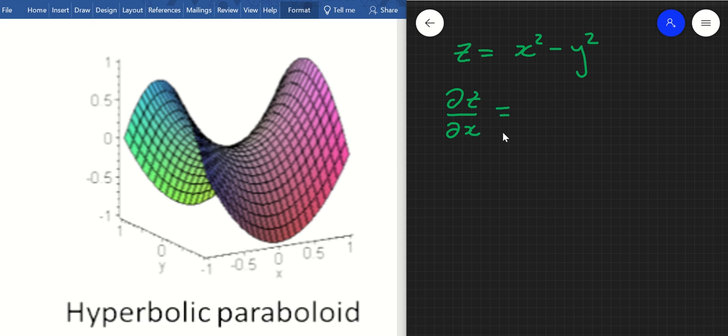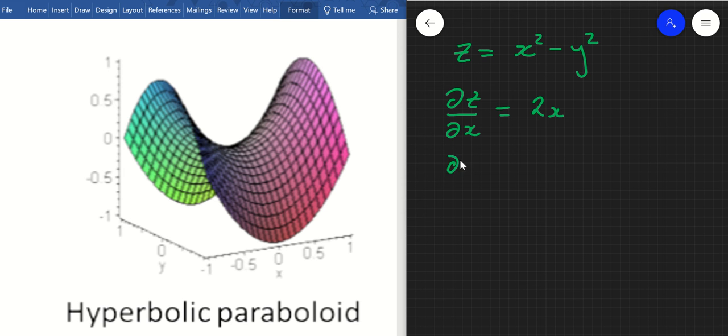So what that means is we're going to treat y as a constant, just as if it's a number in the differentiation, and differentiate the x as normal. So if we did that, that would get us 2x. And that means the derivative going along a cross-section of constant y through the surface, along one of these curves that we see going this way.